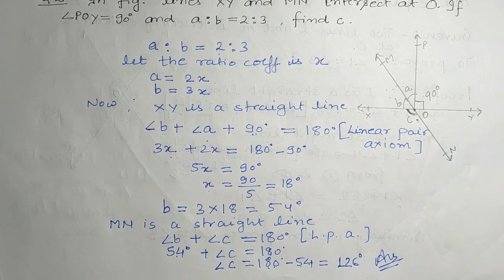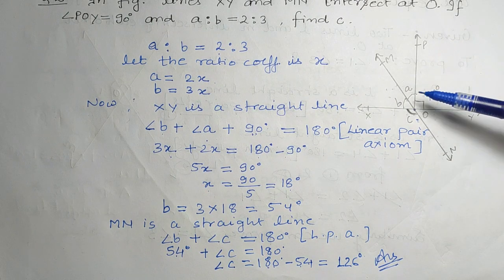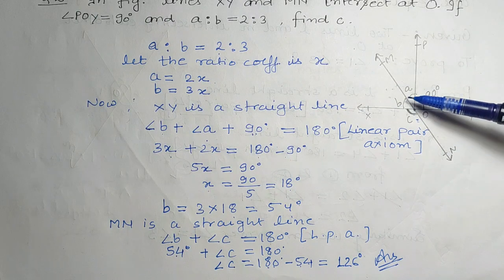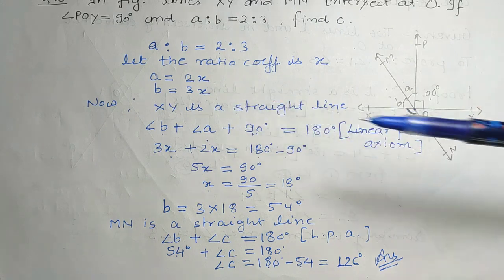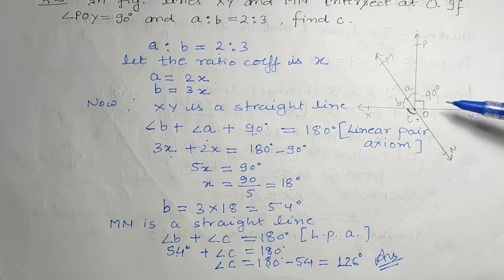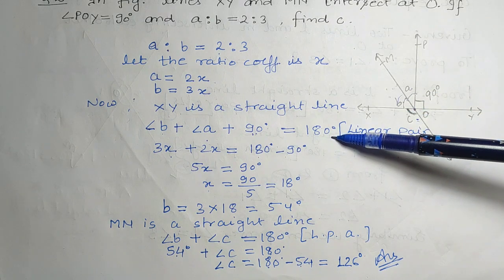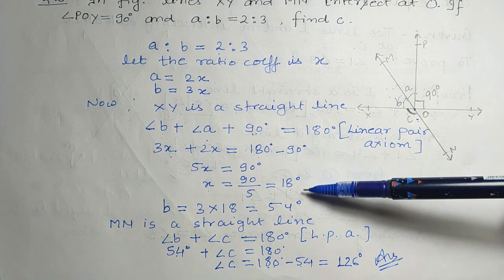Okay, so step by step we'll solve this question. Let us see once again what we have done here. Firstly, we supposed a ratio coefficient for A and B. Then we wrote the direct values of A and B. Then we saw that XY was a straight line, so the sum of all these three should be equal to 180 degrees, and after that we found the value of x.